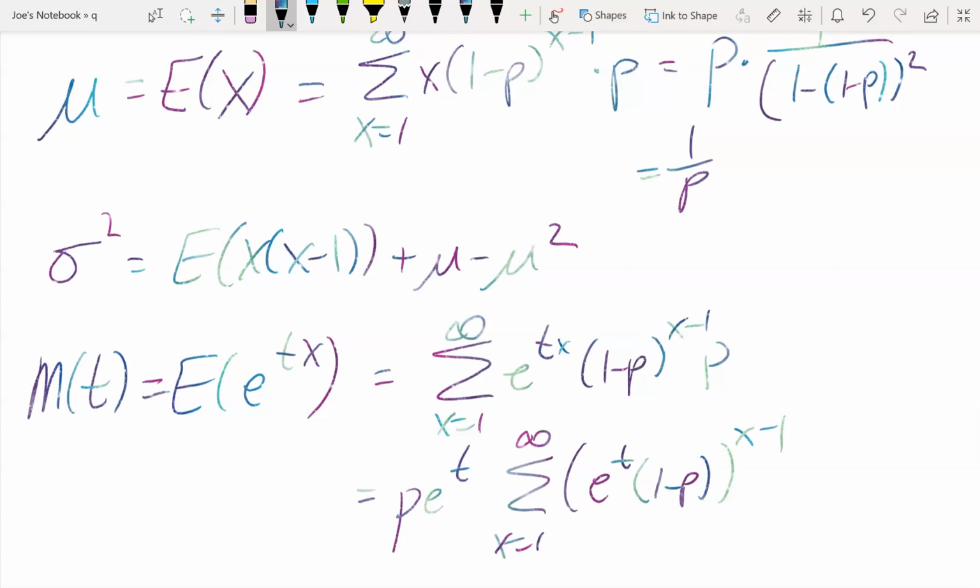You have to have both the same power. Oh, you can just add 0. Yep. I always forget about that.